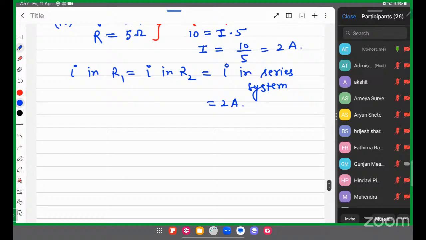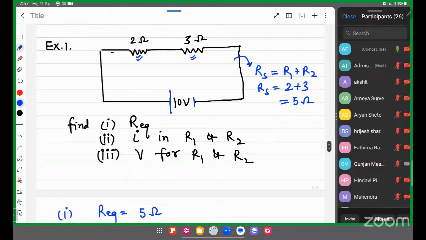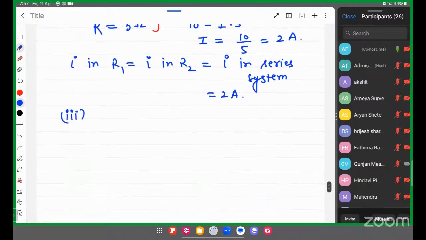Third part of the question is about what will be the potential for R1 and R2. Now we know that value of R1 is 2 ohm and current I for R1 resistor is 2 ampere.